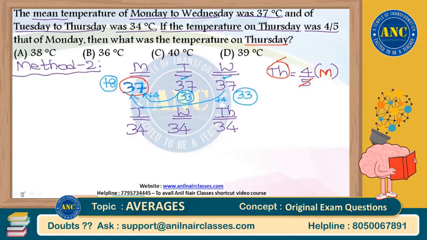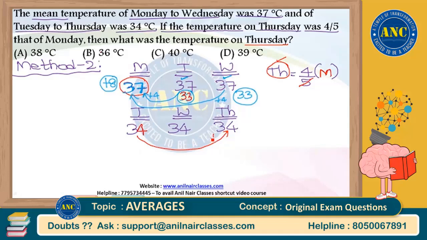I believe you are able to understand. That is the reason I said you decide the methodology which you are comfortable with. With practice you can solve this a little faster. I made it as 33 and 33. Now Tuesday is 33 as of now, but here Tuesday is 34. Can I say that I will make it 33 by giving 1 to Thursday?